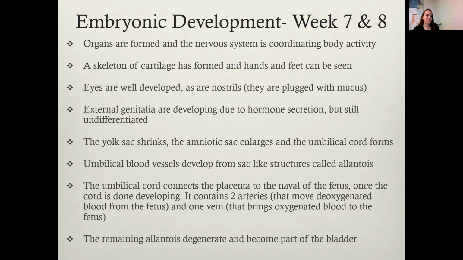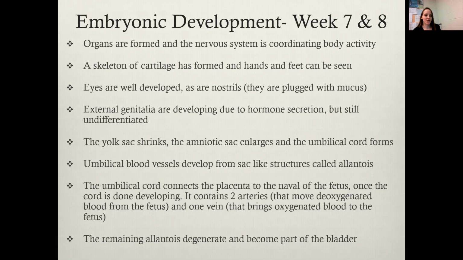The blood vessels of the umbilical cord are forming from the extra embryonic membrane called the allantois. That umbilical cord is then going to connect from the embryo/fetus to the placenta. It connects to the embryo and fetus at the belly button or the navel region once it's done developing.